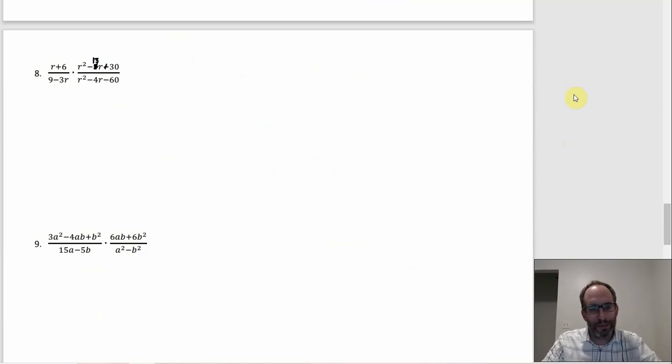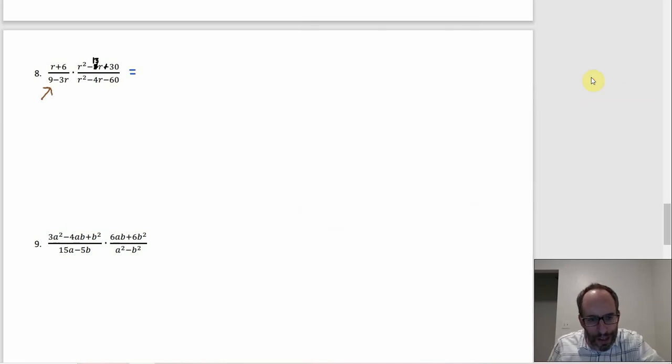Number 8, I kind of messed up, so that second numerator should be r squared minus 13r plus 30. I changed one part and then I forgot to change the corresponding part. But the first thing I would notice with something like this is that the first denominator is not in standard form. So I would fix that first and then go from there.